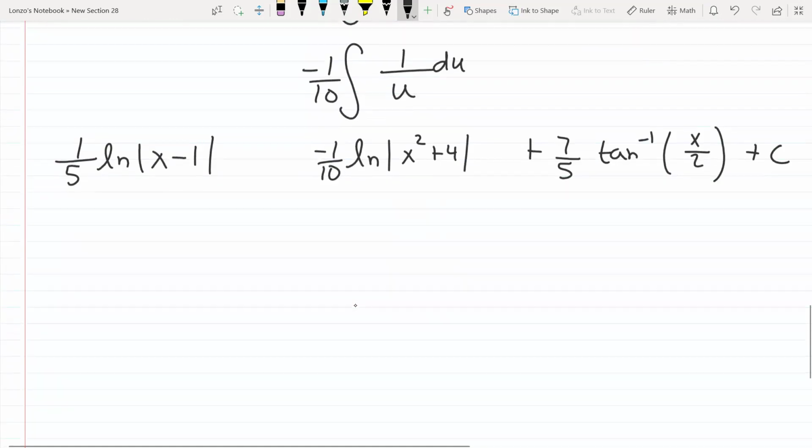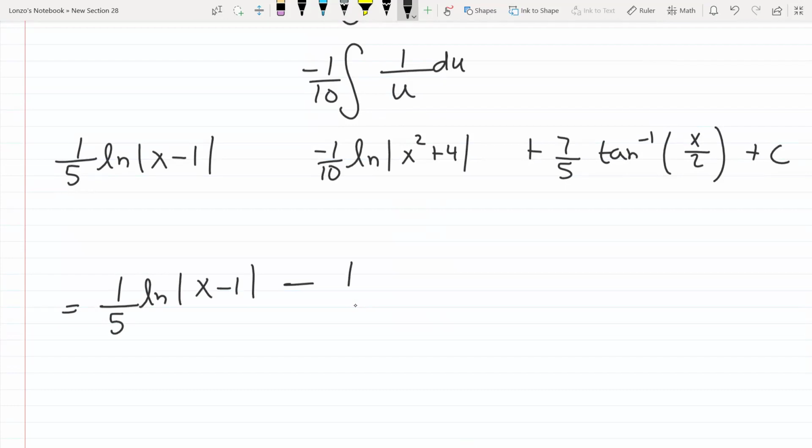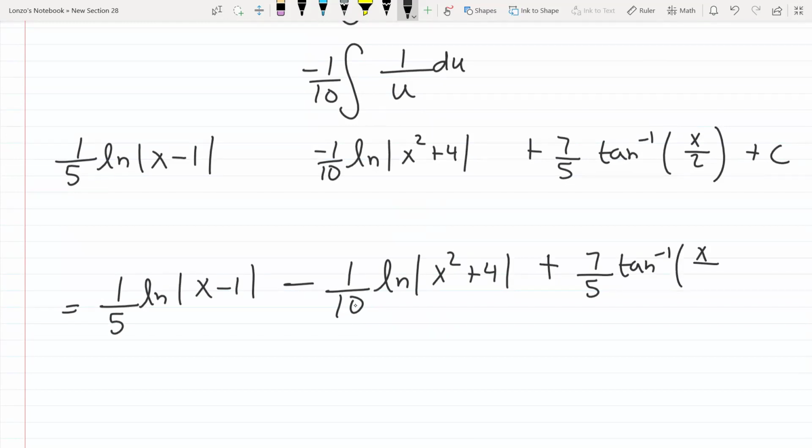Okay, so my final answer will be, let me write it out nicely, 1/5 ln of absolute value of x minus 1, minus 1/10 ln of absolute value of x squared plus 4, plus 7/5 tan inverse of x over 2 plus c.